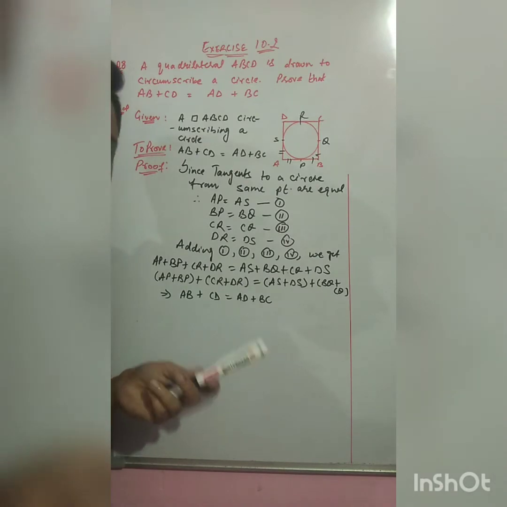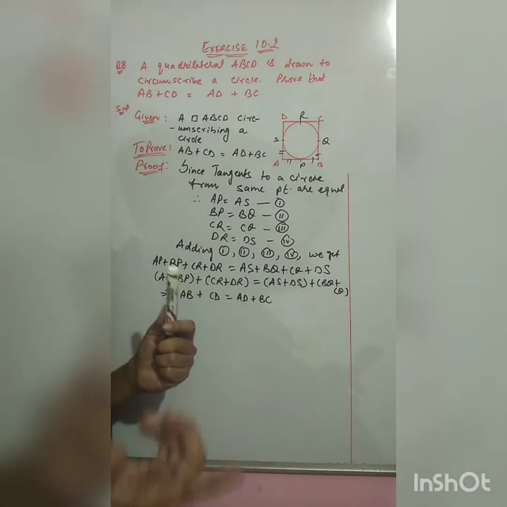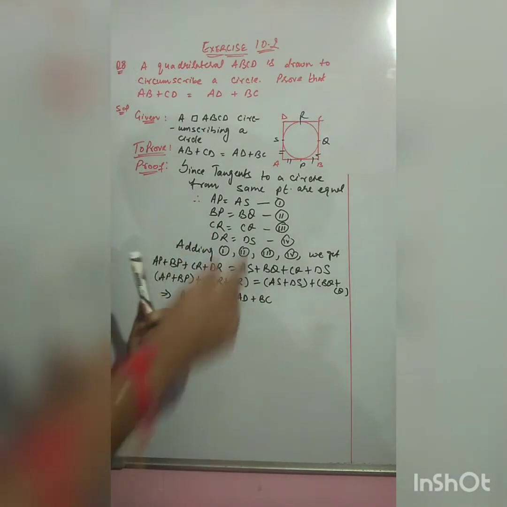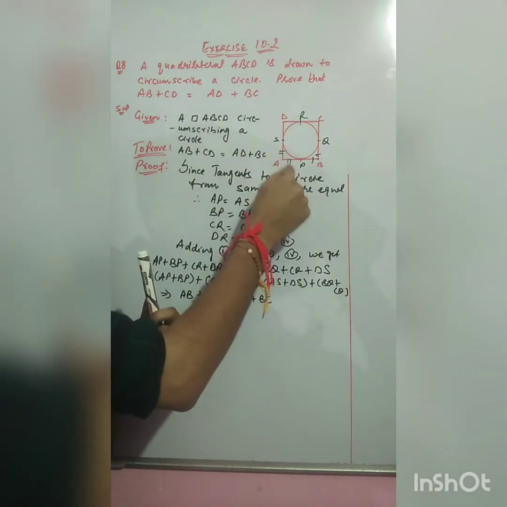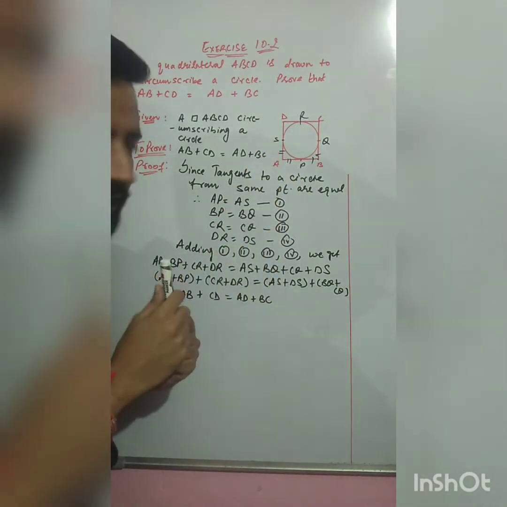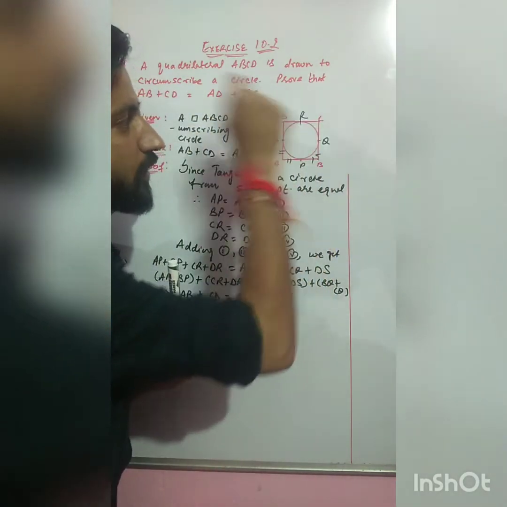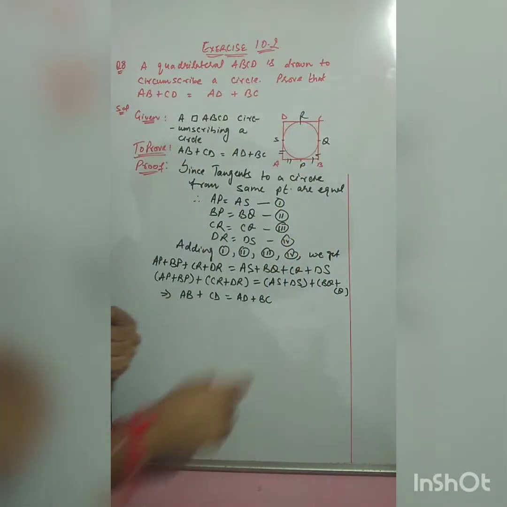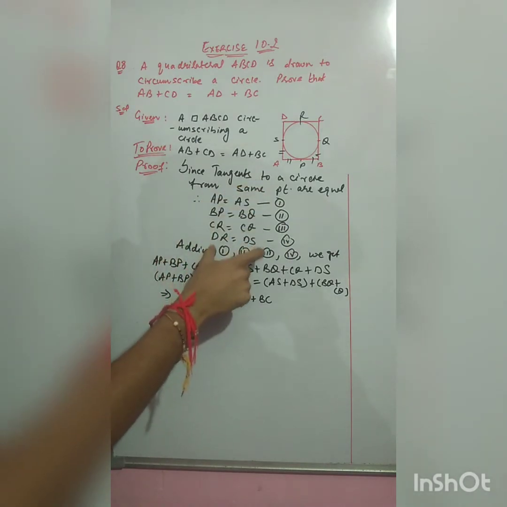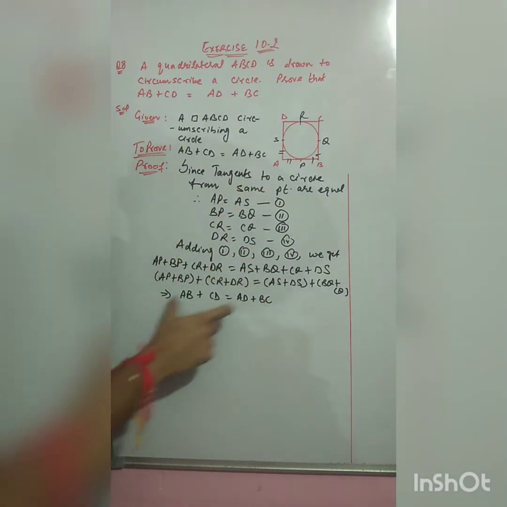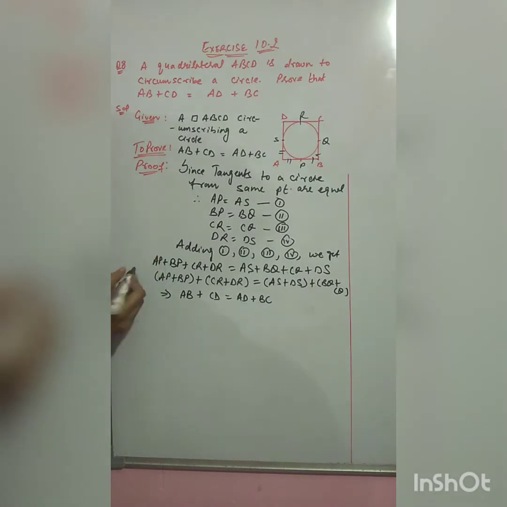We have just used a simple theorem that we studied as theorem 10.2, that the tangents drawn to a circle from an external point are equal in length. So AP, AS are equal, BP, BQ are equal, CQ, CR are equal, DR, DS are equal. By adding this equality, we can find the required sum.